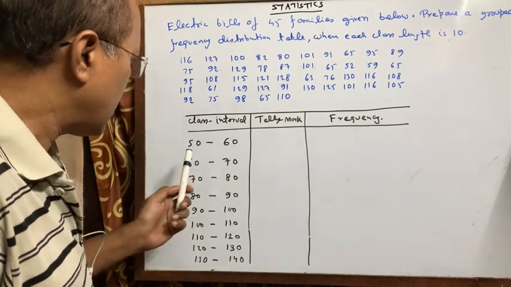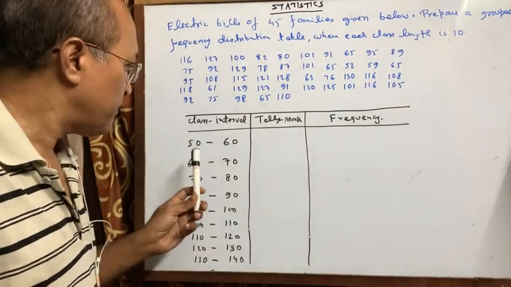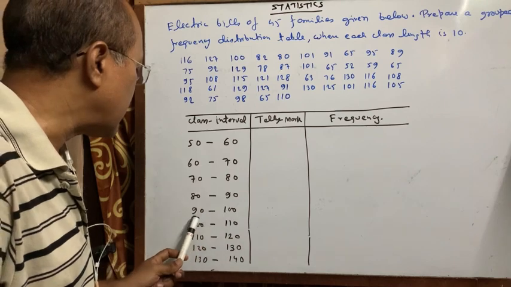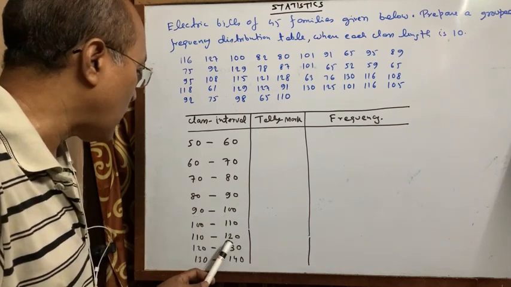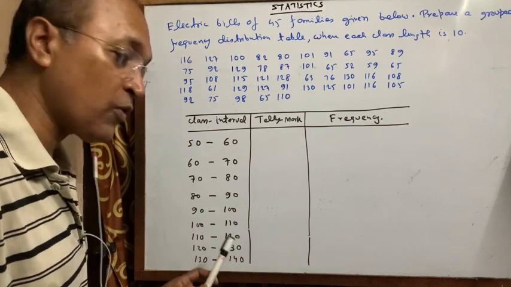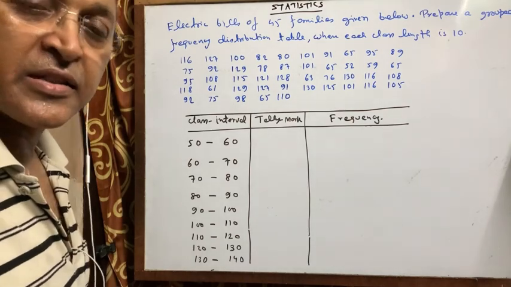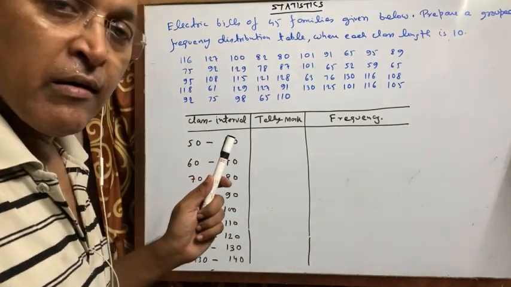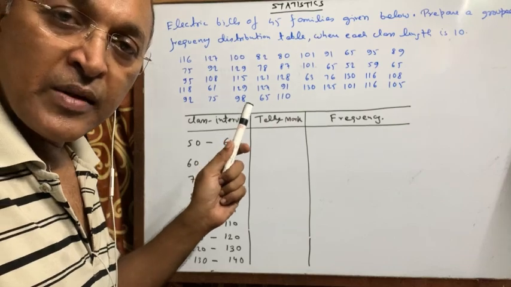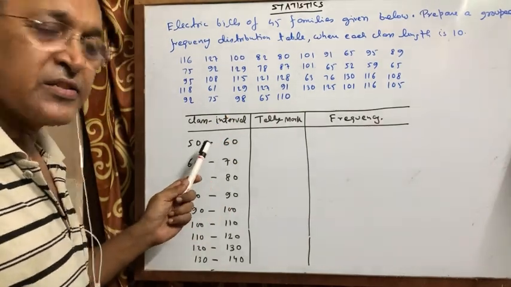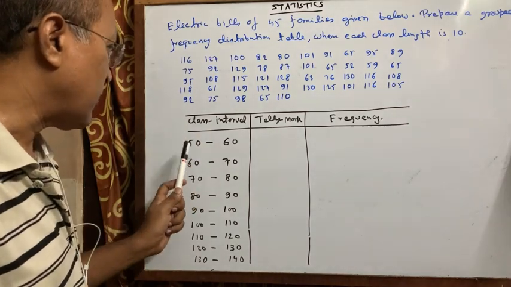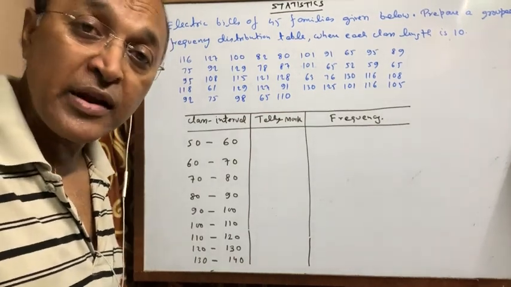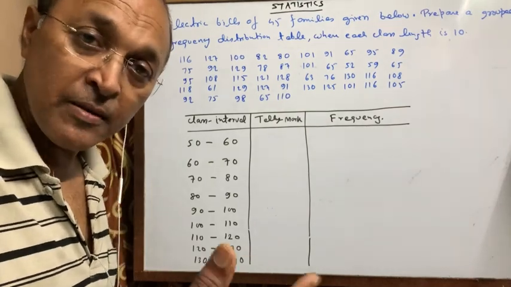So I decided to make the class intervals like this: 50 to 60, 60 to 70, 70 to 80, 80 to 90, 90 to 100, 100 to 110, 110 to 120, 120 to 130, and 130 to 140. So the class length is 10.